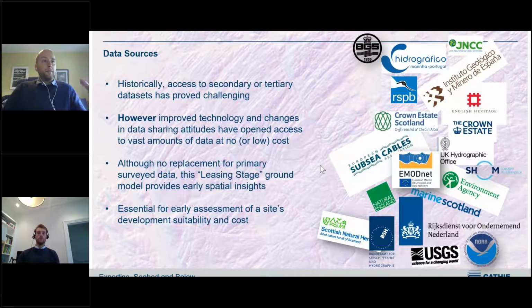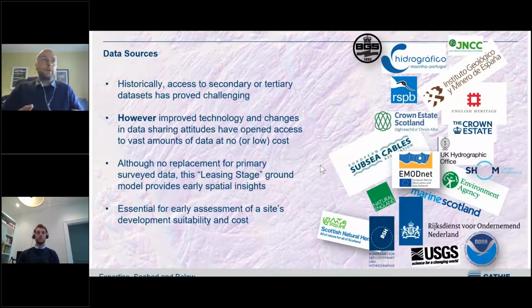So there are just a few examples of the repositories that we use regularly at Cathie on the right of this slide. It's by no means an exhaustive list. There are some fairly obvious ones. We've got the BGS, we've got the SHOM in France, NOAA and USGS in the US, BSH in Germany, and then there are some that we also use that probably wouldn't be as obvious for a geological ground model, but we still feed them in at this early stage.